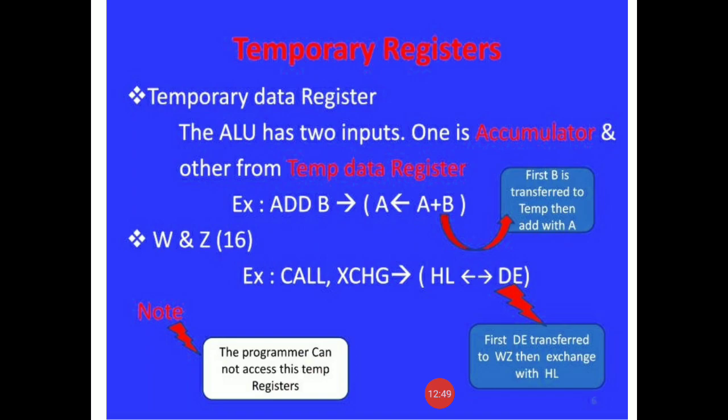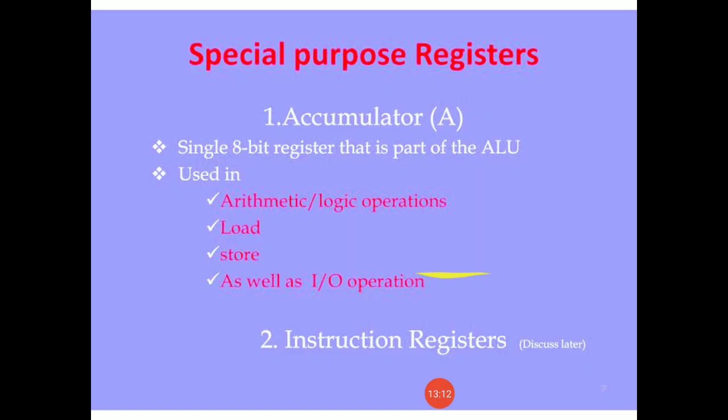Operands are the content of accumulator and register B. So operands are those on which the operation is going to be performed. Here the addition operation is going to be performed on the operands. So the operands here are the data residing inside accumulator and register B for this instruction, ADD B. So accumulator is used for storing one of the operands of an arithmetic or logical operation.